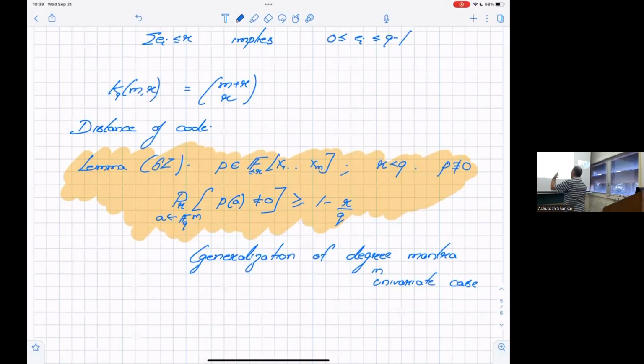So the standard way of doing this is to write p of x1 to xn, an n-variate polynomial, as a univariate polynomial in the last variable xn, where the coefficients come from the previous variables. Now, either the choice of x1 to xn minus 1 makes the leading coefficient of this 0, in which case you can appeal to induction, since this is a smaller instance.